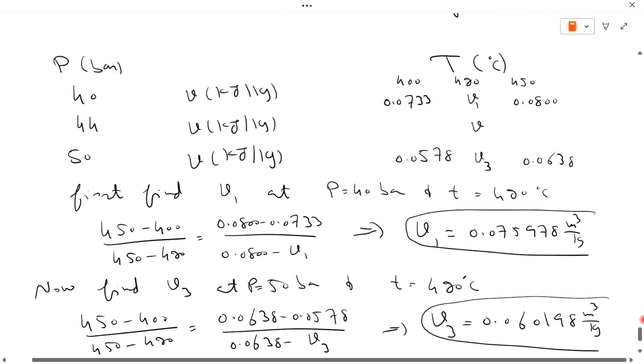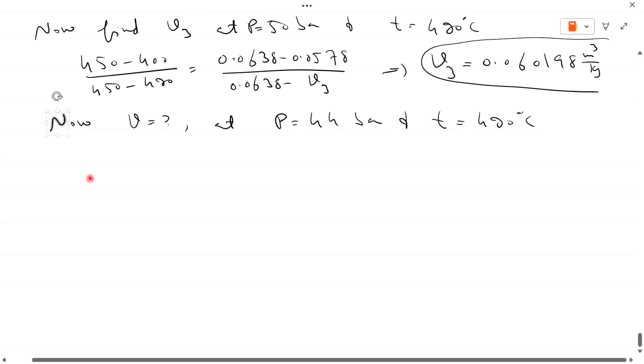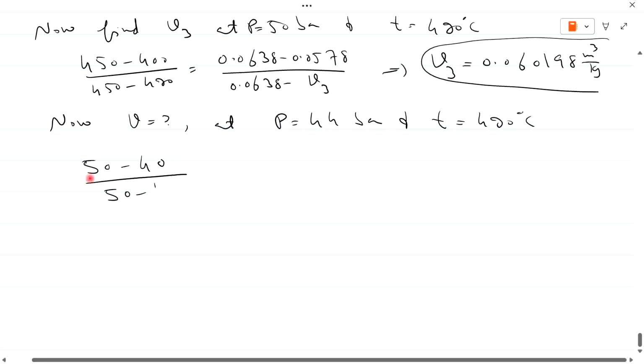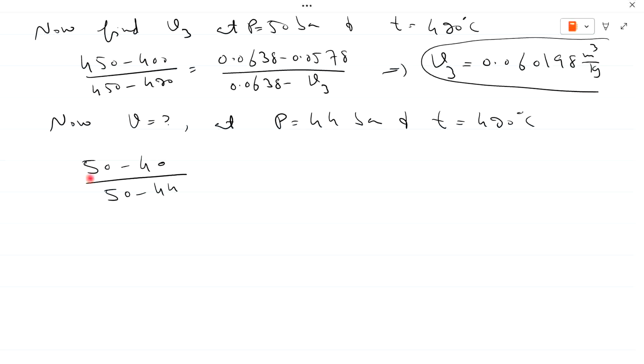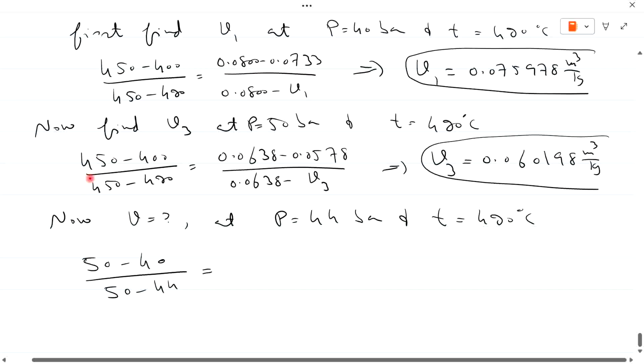So now interpolate between pressures: 50 minus 40 divided by 50 minus 44 is equal to, interpolating between V3 and V1, third minus first, 0.060198 minus 0.075978, divided by third minus second.